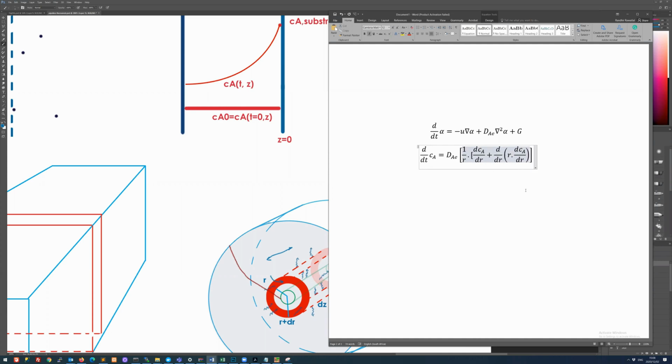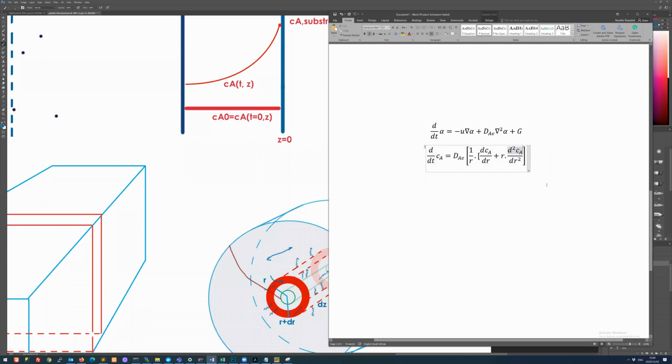Plus, you can leave the R and differentiate the dCdR, so you get R times d2CA/dR squared. Right, so if you expand it out, you get that.